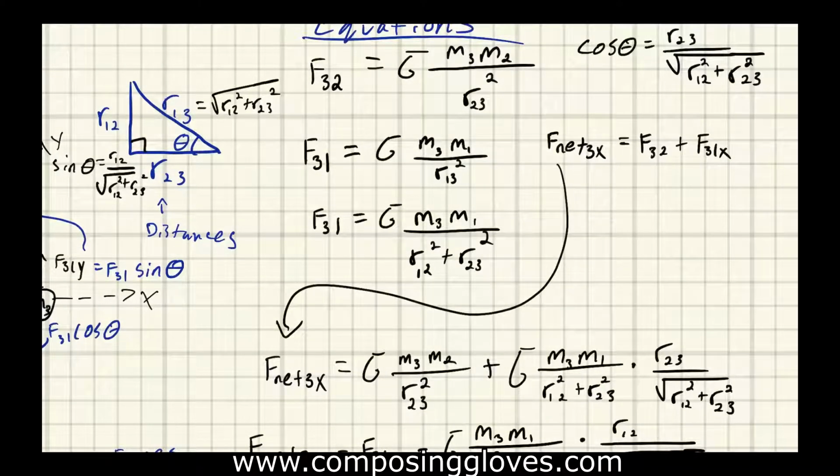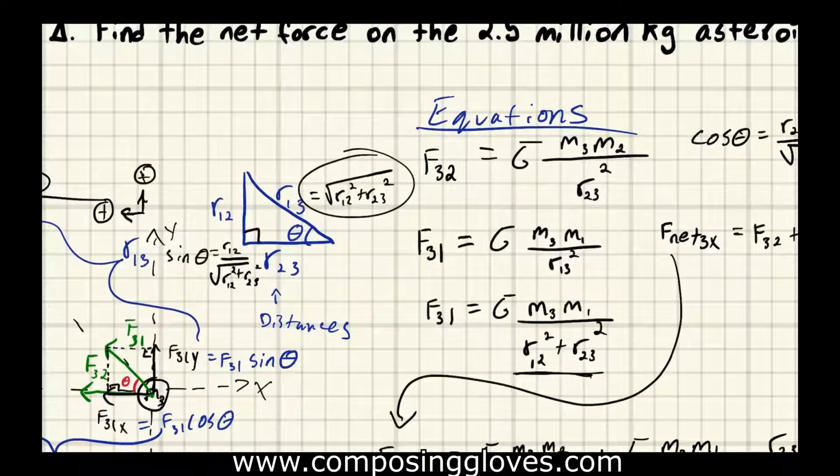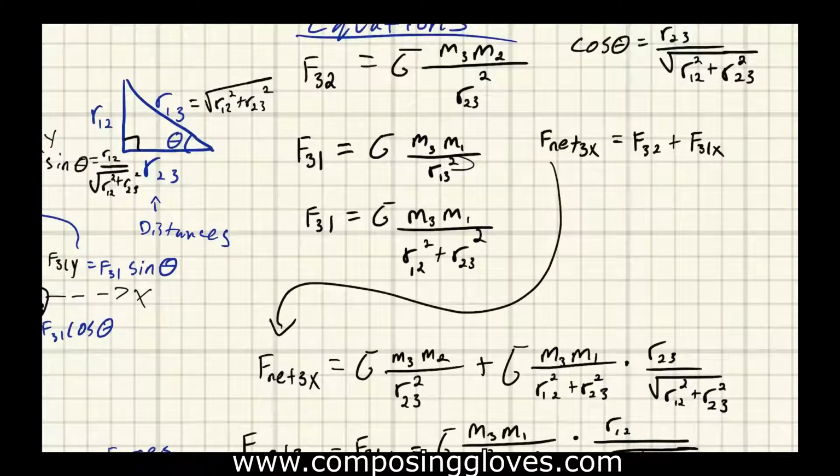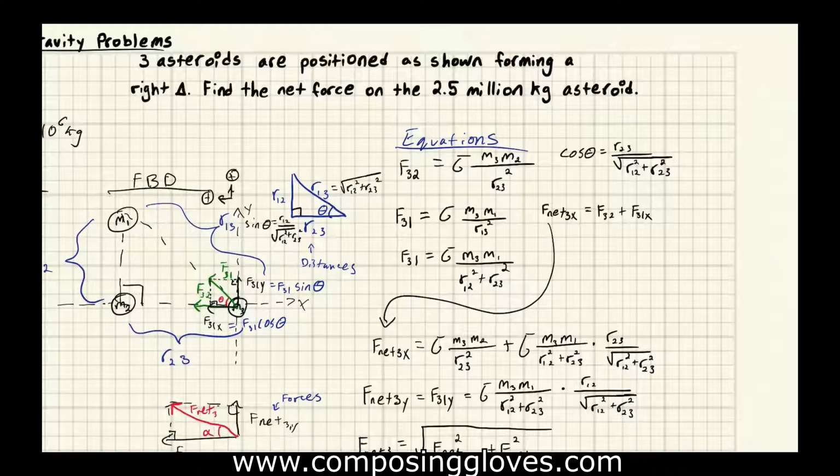I wanted to differentiate that we can't write this because we don't know that technically. And since it's the distance squared, the radical goes away. So this is our F31, but again, it's at an angle.